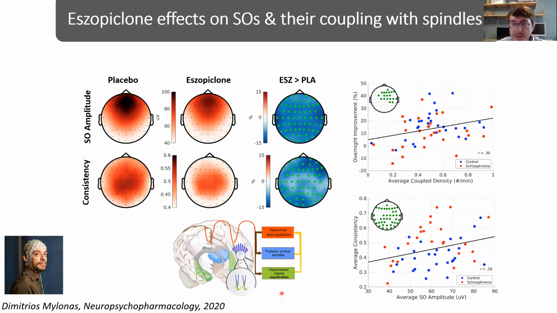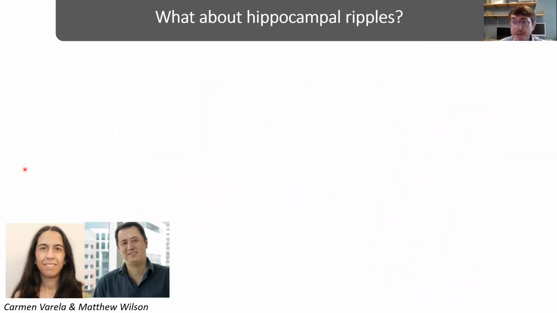And the last part of this is, of course, the hippocampal ripples, which we didn't get to in humans with this, but luckily we have collaborators. Here we're showing Carmen Varela, who's at MIT, and Matt Wilson, who luckily have rodent models for this.